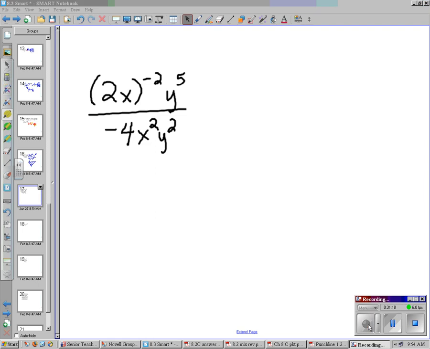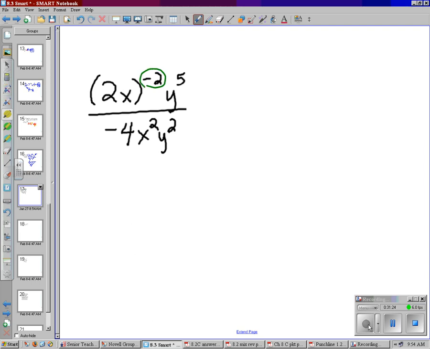We're going to go step by step through this one, then we can check to see if Andrew's answer is right. First of all, you could distribute that -2 in and rewrite it with that in. I wouldn't do that. Let's start rewriting this with positive exponents right away. So I'm going to have my y to the 5th up here. This 2x to the -2nd comes down to the denominator, right?